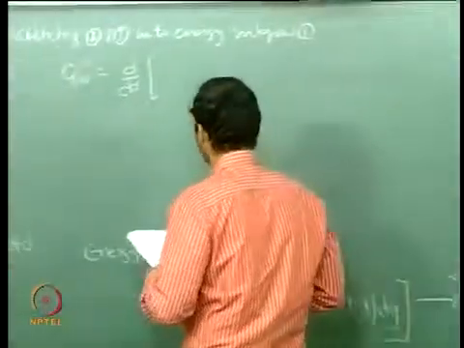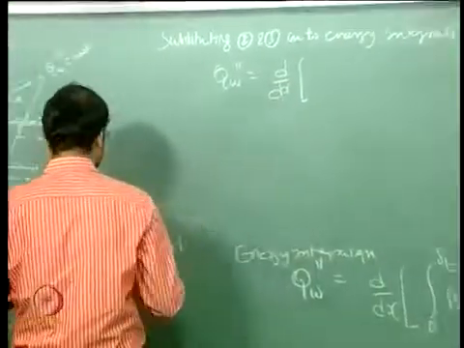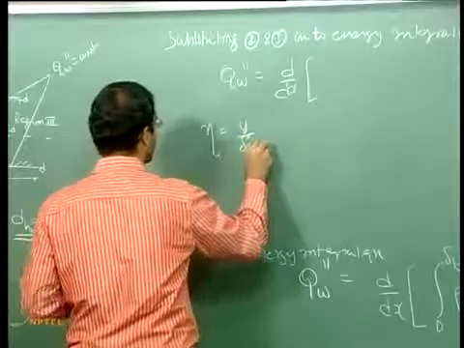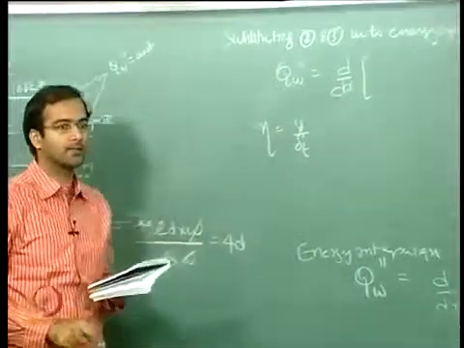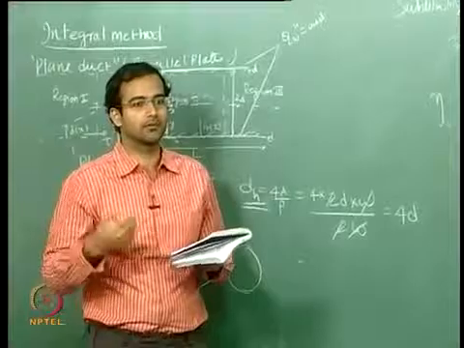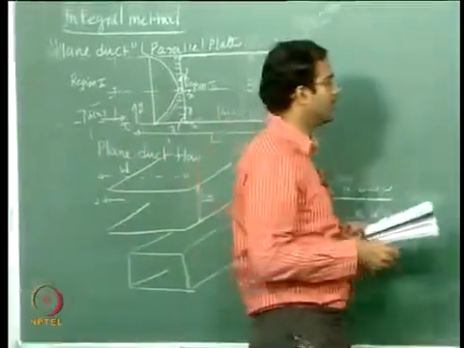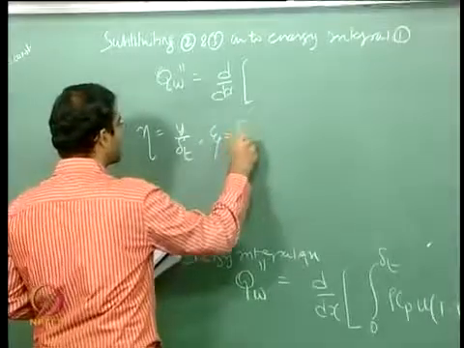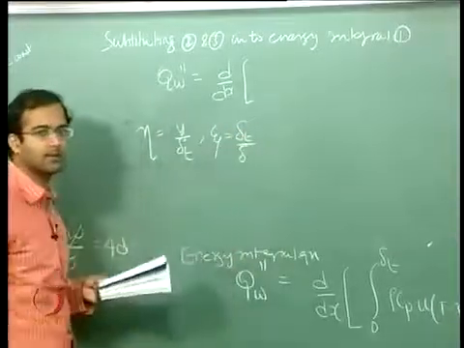I am going to introduce non-dimensional variables here. One I call eta, which is y by delta t, very similar to the external flow. You remember you introduced zeta there to denote delta t by delta, right?